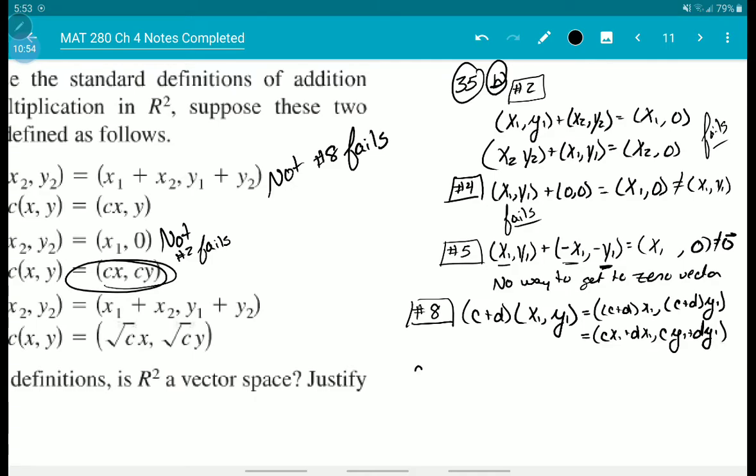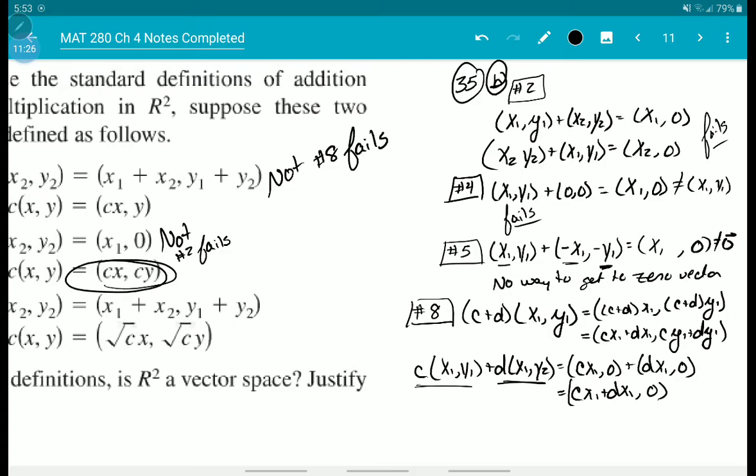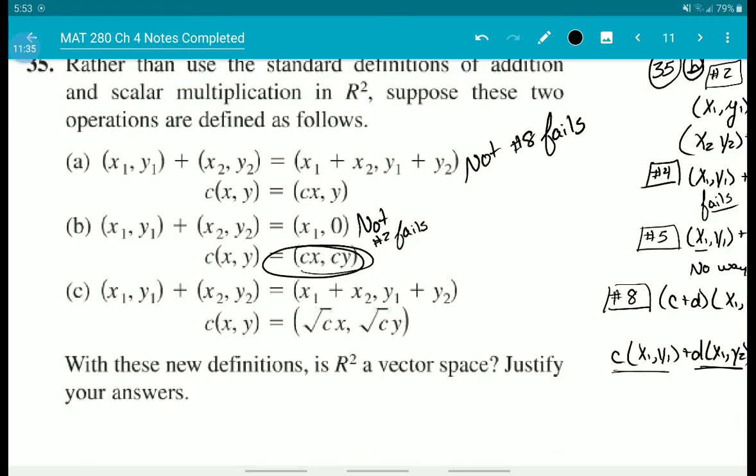But if we look at the other side, this would be C times x1, y1 plus D times x1, y1. We should get the same thing, right? If the axiom holds. So this guy would be Cx1, 0. This one would be Dx1, 0, which is Cx1 plus Dx1, and then we get 0. So they are not the same thing. So number 8 fails also. So this one just has a lot of problems. This is not a vector space.